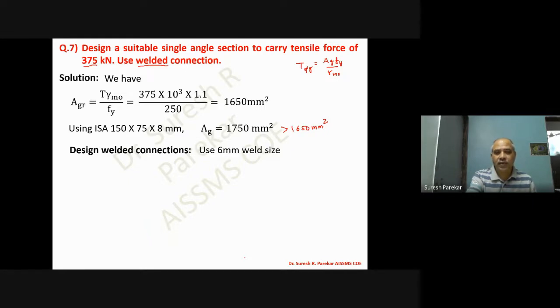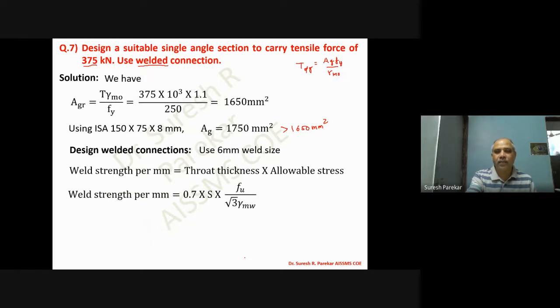So we are going to use 6 millimeter weld size. Now weld strength per millimeter is equal to throat thickness into allowable stress. If we go to section 10, we get this throat thickness and allowable stress. So we have 0.7 into S as throat thickness, and the allowable stress is Fu upon root 3 gamma mw.